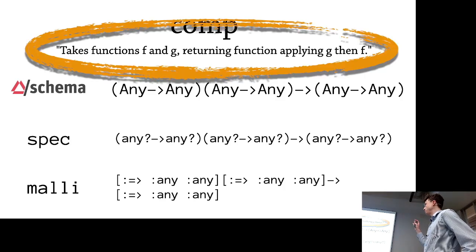And compared to the informal spec that says it returns a function that applies G then F, there's no hope that the computer is going to tell us whether my implementation of comp applies G then F, or if yours does, or F then G, or forgets a G or an F. This is just anything goes, except for some very basic invariants.